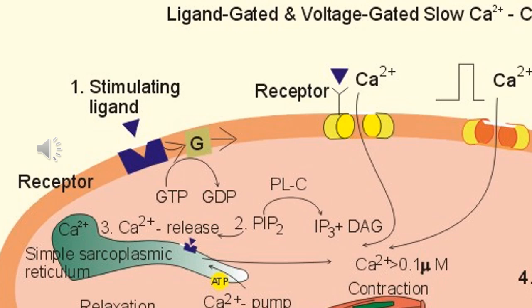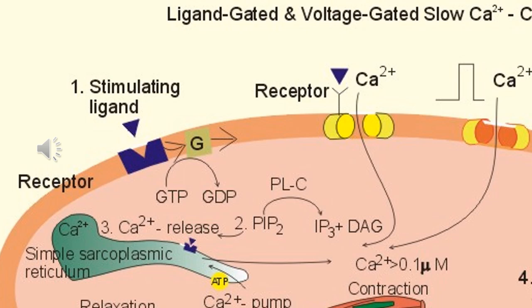Now, IP3 is the one that aids in activation of the sarcoplasmic reticulum receptors to then release calcium into the cytosol. The second one is, again, we have a ligand that can bind to a receptor, and this will open up the ligand-gated calcium channels to have an influx of calcium, and again, the cytosolic calcium can go up.